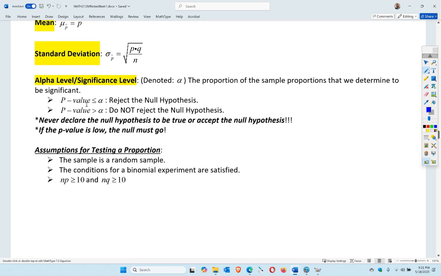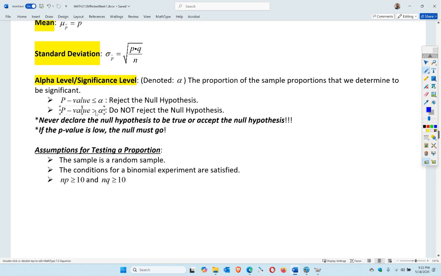The alpha level, the significance level, is still alpha, which does relate to the confidence interval, but we'll talk about that next week. The idea is if the p-value, the probability value, is less than alpha, you reject the null hypothesis, which means you've made it into the small shaded area.